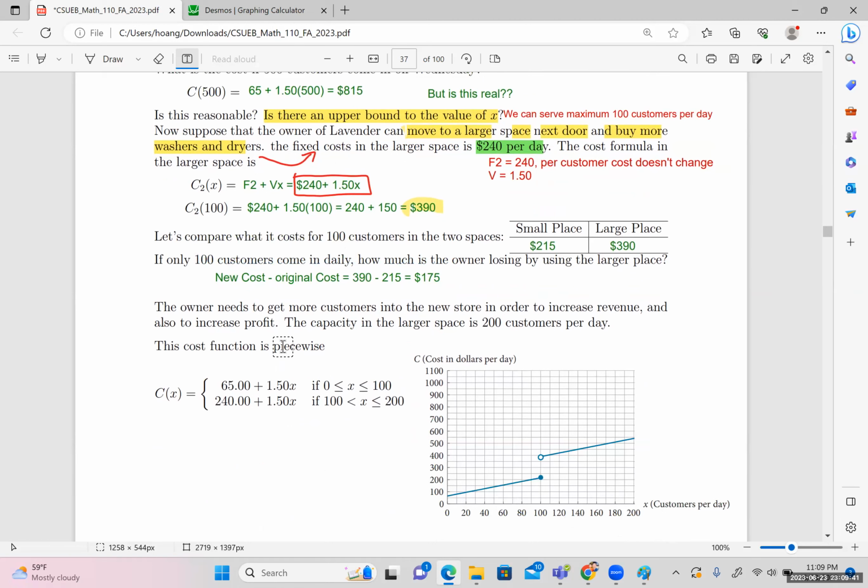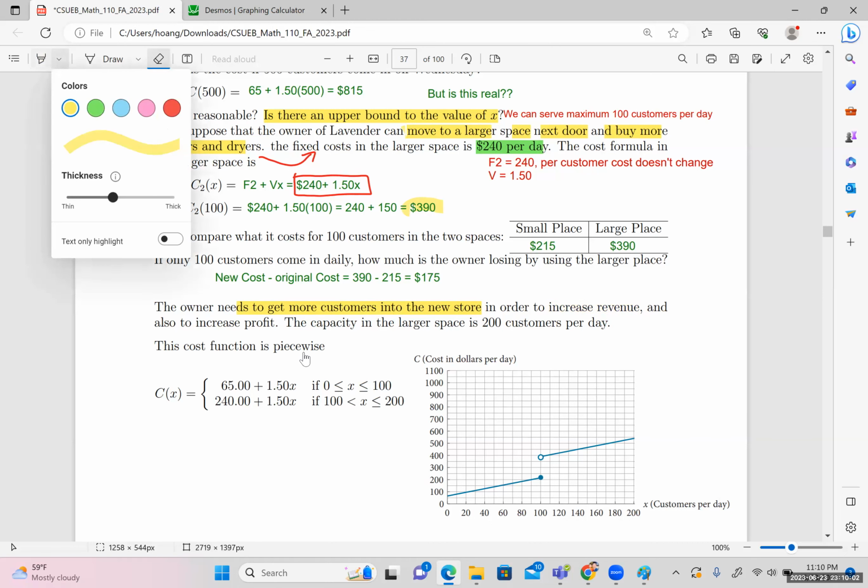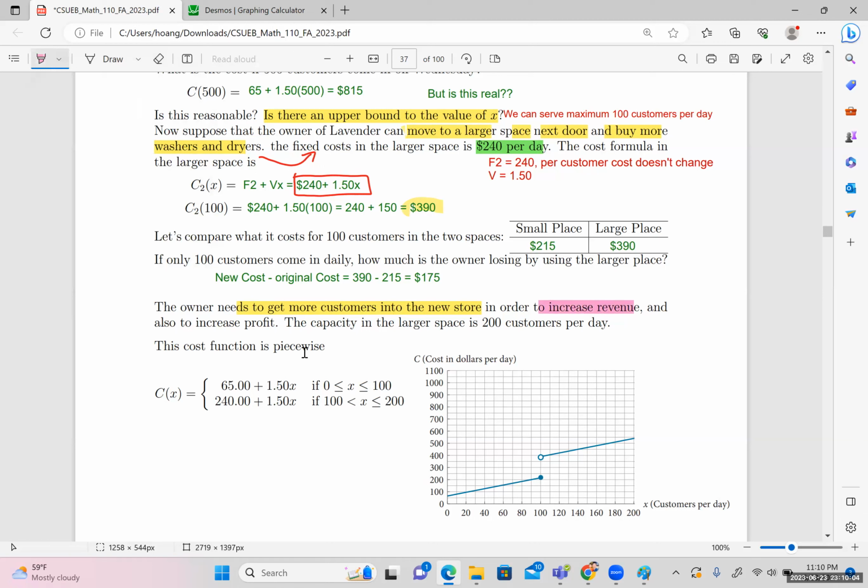Okay, now the owner needs to get more customers into the new store in order to increase the revenue. This is the main thing that we want as a businessman, right? You want to increase the revenue and also increase the profit.